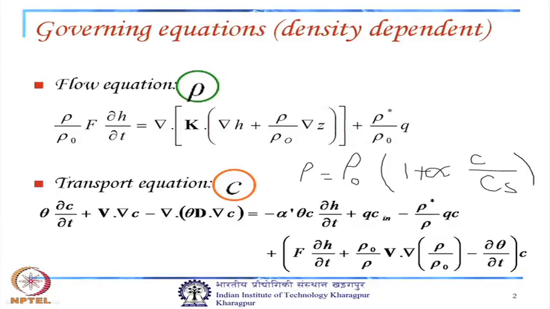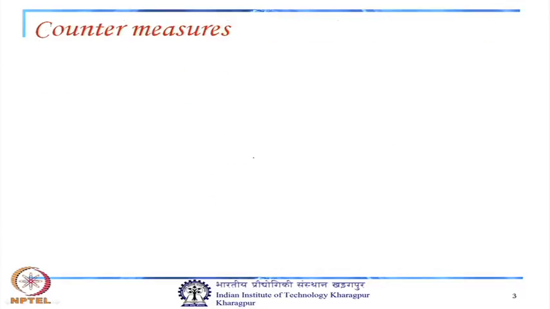So, we can easily see these two equations are interrelated, and they can be solved only in a coupled sense. As there will be saltwater intrusion in coastal aquifers, we need to take some kind of countermeasures.